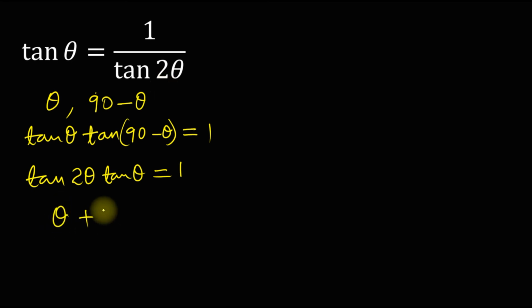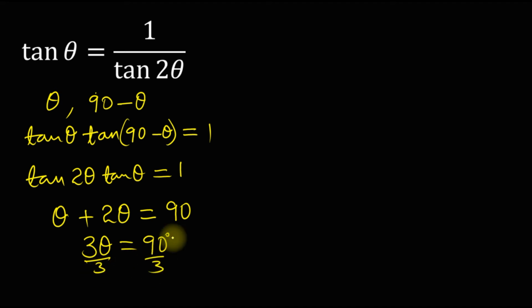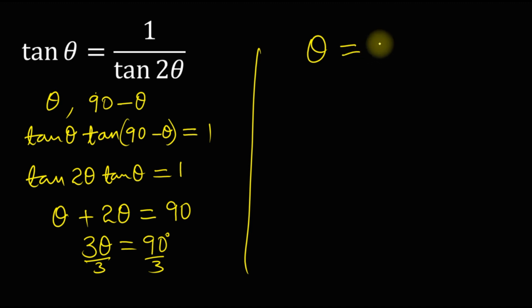Theta plus 2 theta, we get 3 theta, which is equal to 90 degrees. Divide through by 3, therefore we shall end up getting theta is equal to 30 degrees.